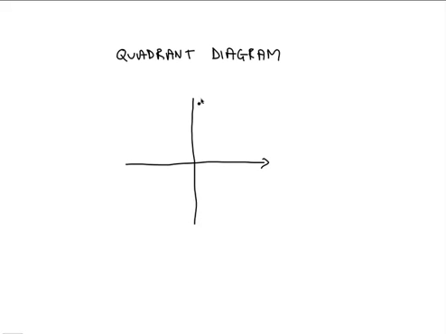And the last reminder is the quadrant diagram, and how to work that quadrant diagram with radians. So there's the x-axis, and there's the y-axis.